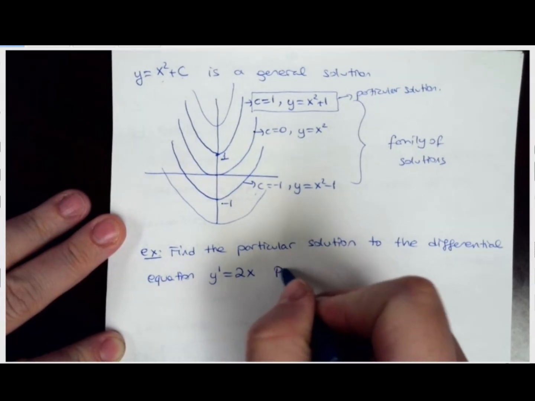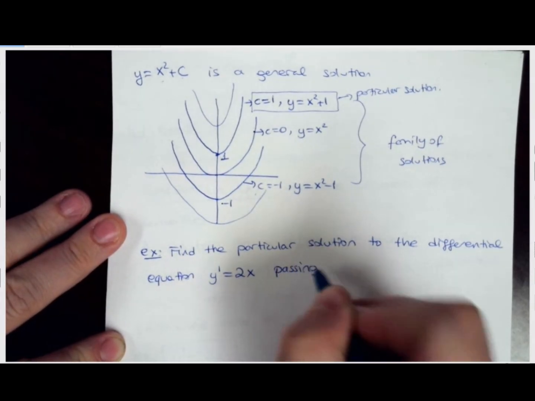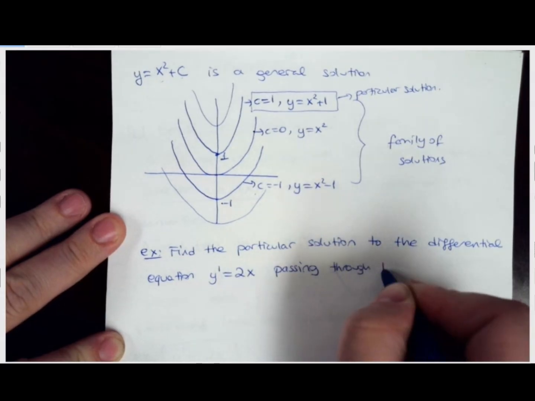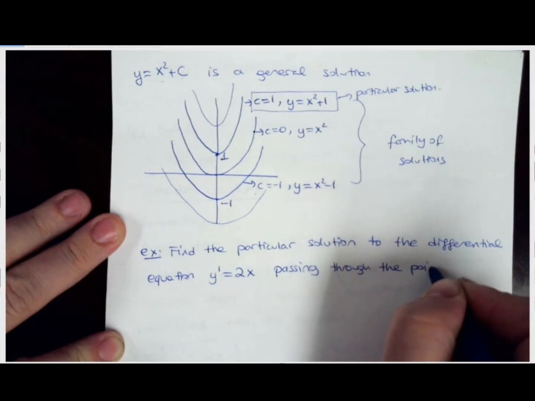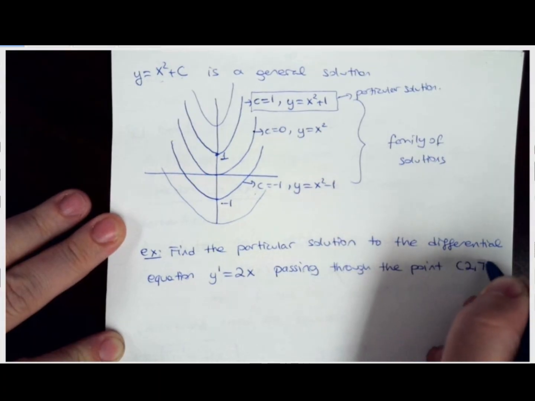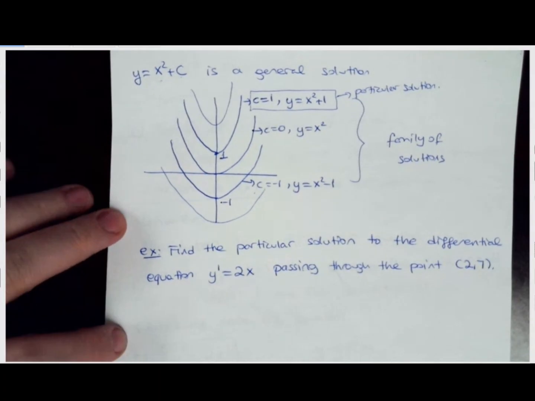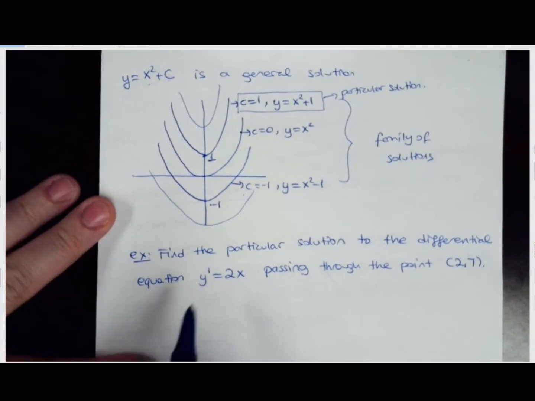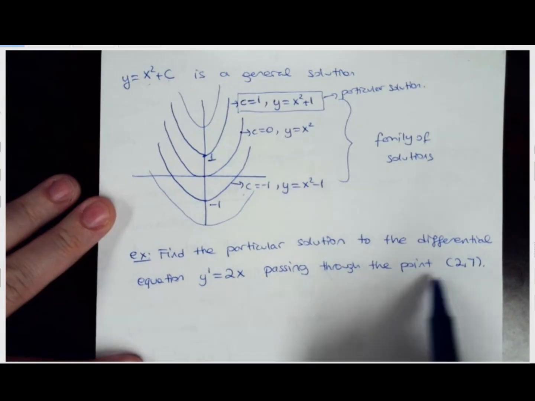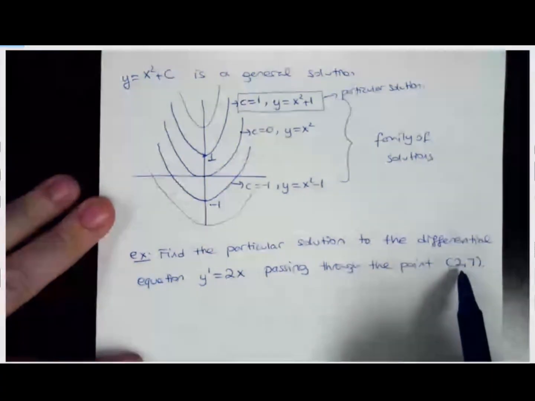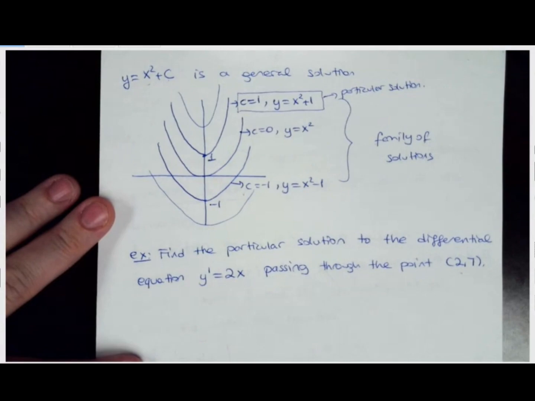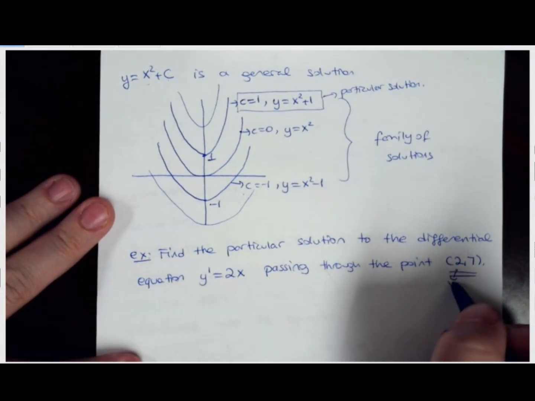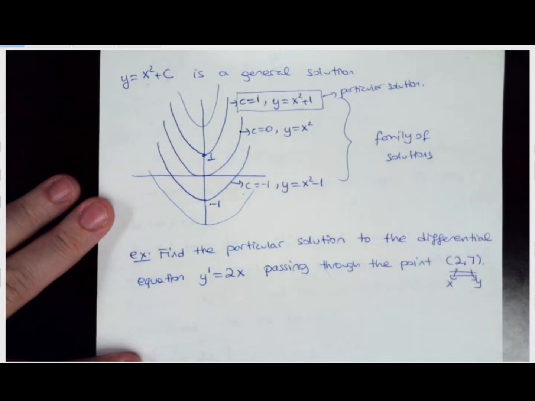We are also given the information that this function passes through the point (2, 7). So we would like to find the particular solution to this equation where the function passes through (2, 7). What does it mean? This is the x value and this is the y value.